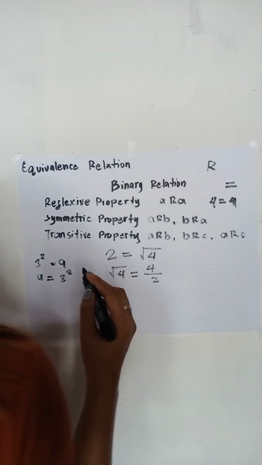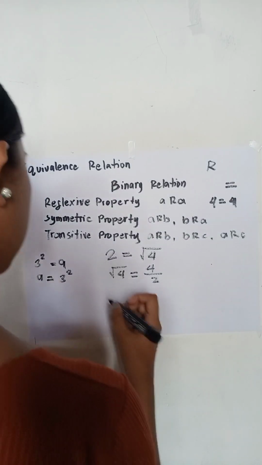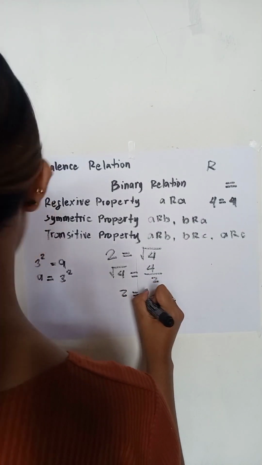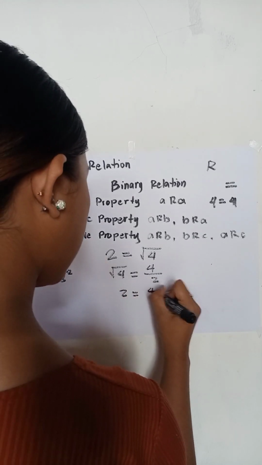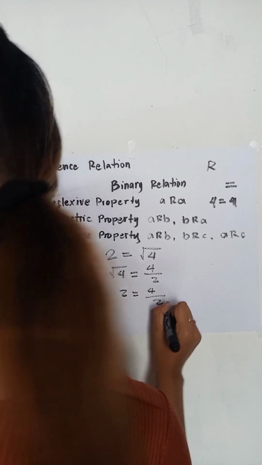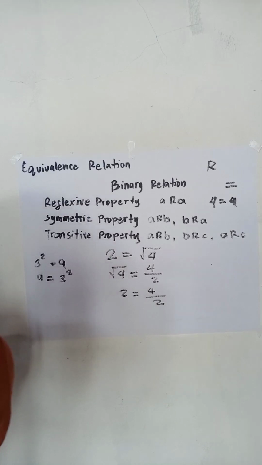So it is also true that 2 is equal to 4 divided by 2. And that is an example of the transitive property.